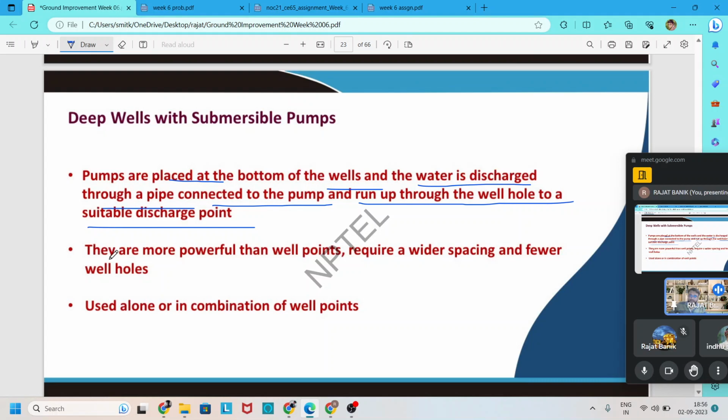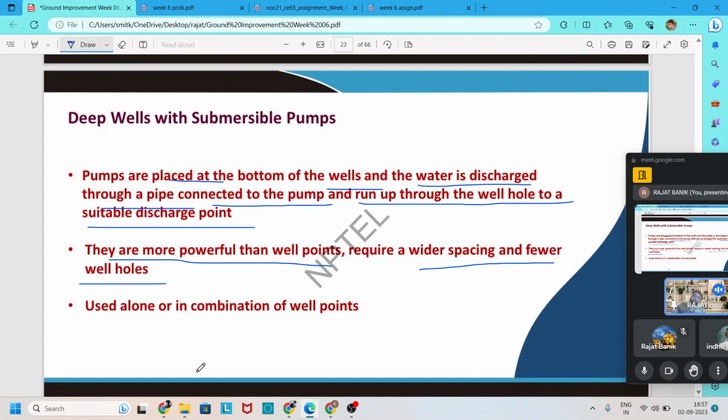They are more powerful than well points, because more energy or power is given to these deep wells, and they also require wider spacing and fewer wells. If we say well points require five, those five well points may be reduced to one if we apply deep wells.